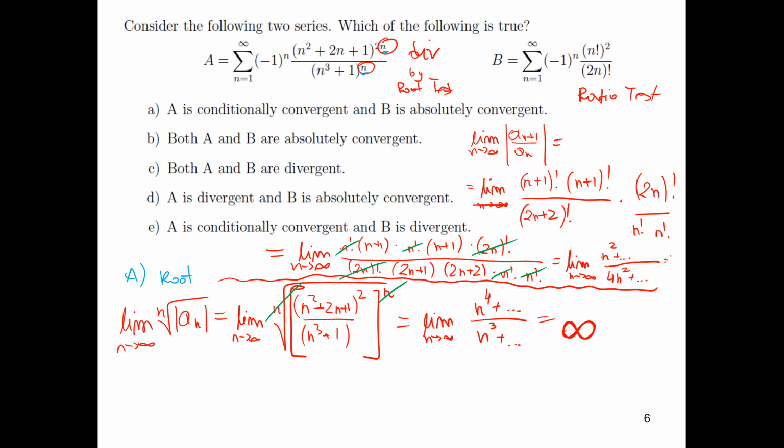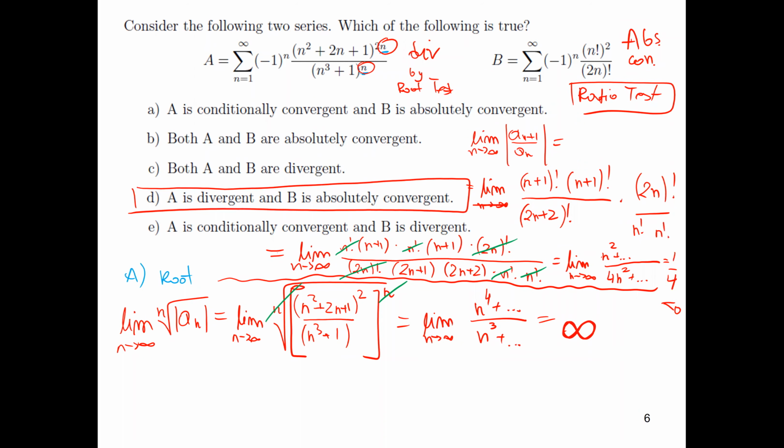The limit is 1/4. That means this one is definitely less than 1, and this one is absolutely convergent by the ratio test. Okay, A is divergent, B is absolutely convergent. Both of them are really nice series.